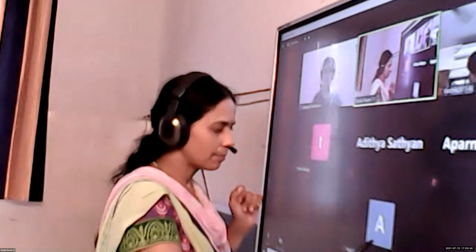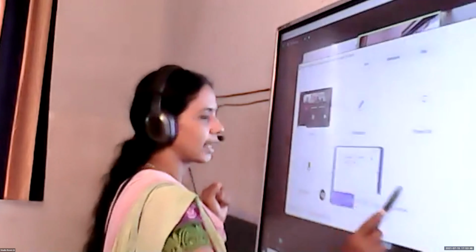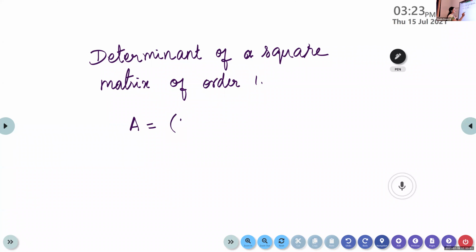For example, suppose A is equal to the matrix [5]. Look here. It is a 1 by 1 matrix, isn't it? 1 row is there and 1 column is there.